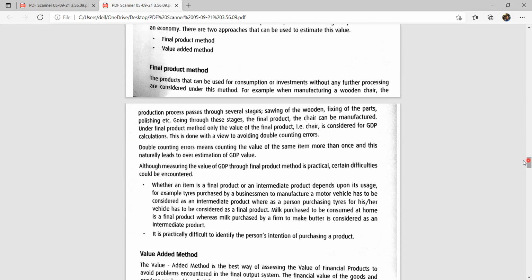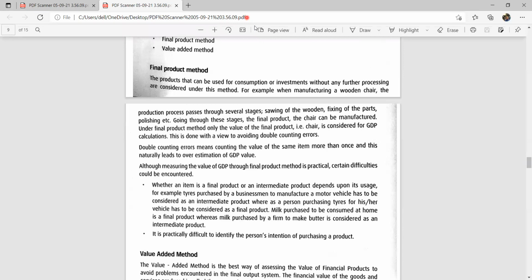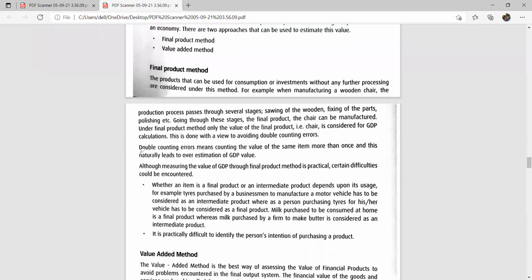This is done with a view to avoiding the double counting error. Double counting error means counting the value of the same item more than once, which naturally leads to an overestimation of GDP.